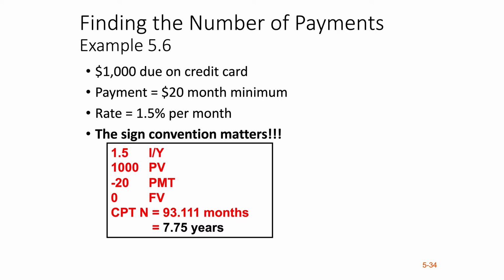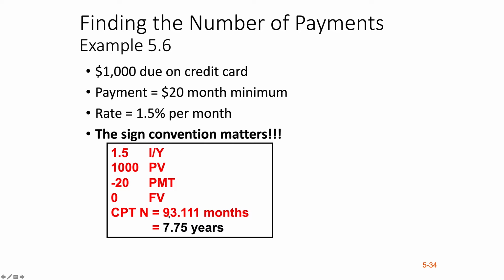1.5 as I. 1,000 as the present value, with a negative sign on it. Put 20 as your PMT. And remember, it's the opposite sign. Compute for N. N is 93.11. Remember, this is the monthly payment, therefore the number of periods must be months.